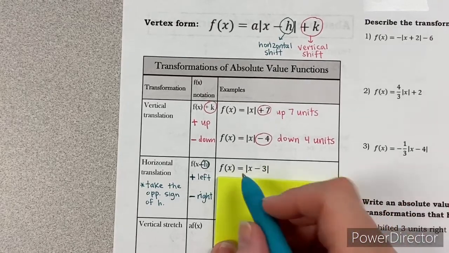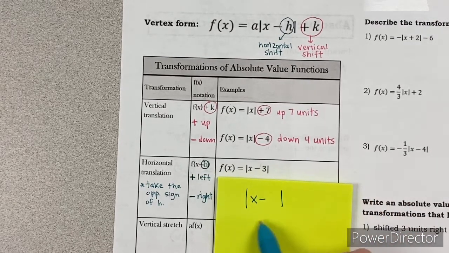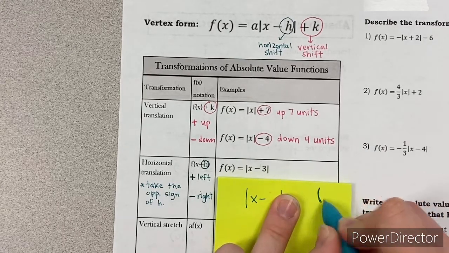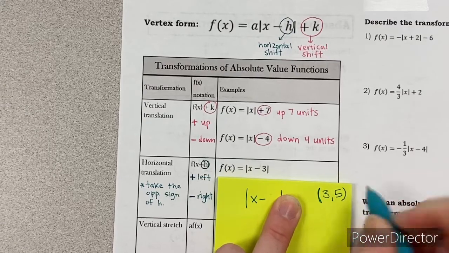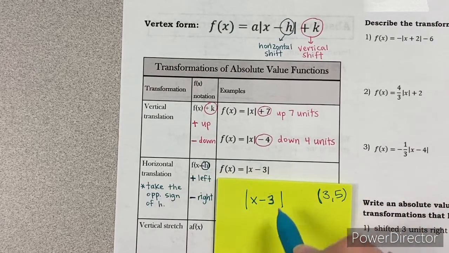So again, that minus sign is already built into my equation, and I've got a vertex of, let's say, 3, 5. This is my H value, so I'm going to plug in my H value. Well, now, you see how this number looks like a -3?